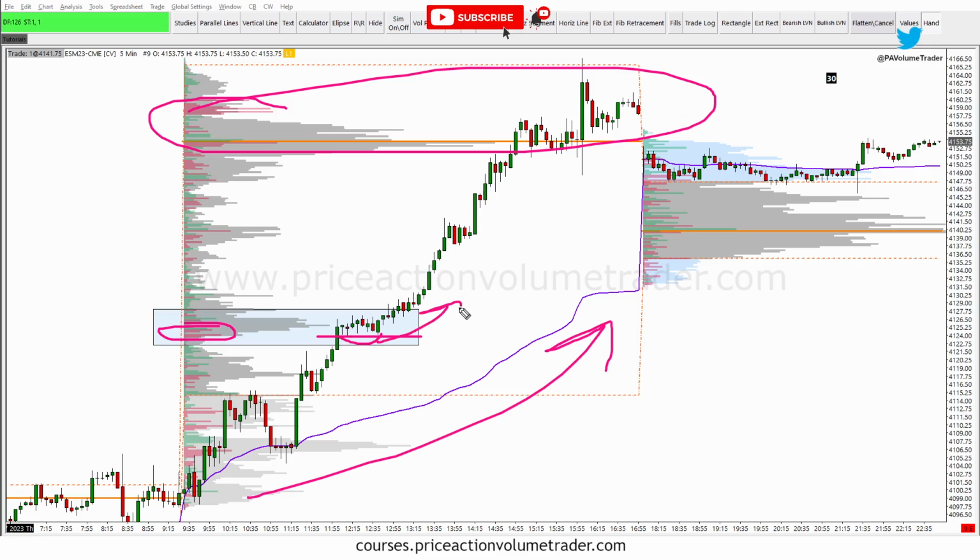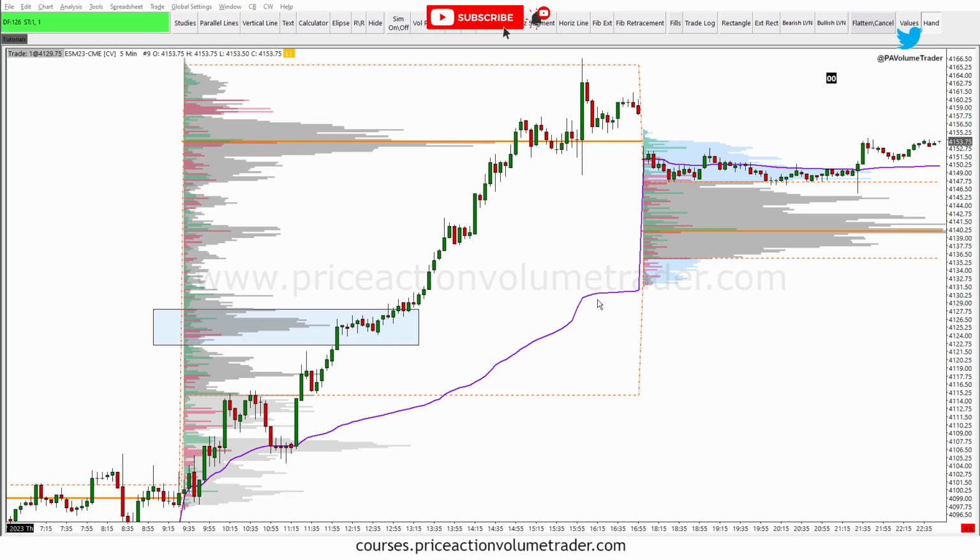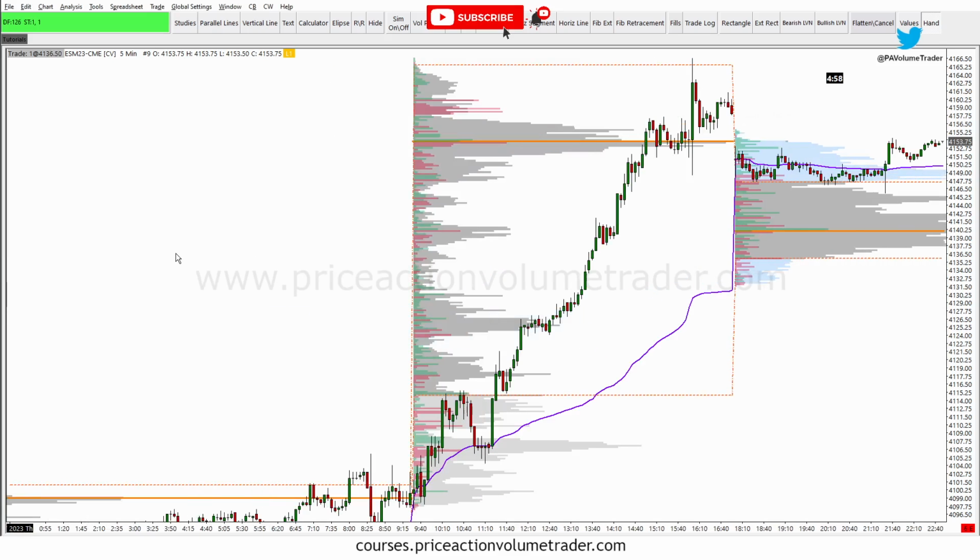And then all these traders got pretty much squeezed to the upside, and they either got liquidated or were forced to close at a loss or reverse their position and just add fuel to the fire to keep pushing to the upside. You can see a similar scenario here as well. Red delta on these small pullbacks, and then we just kept squeezing. So this is very typical of what you're going to see on big aggressive trend days.